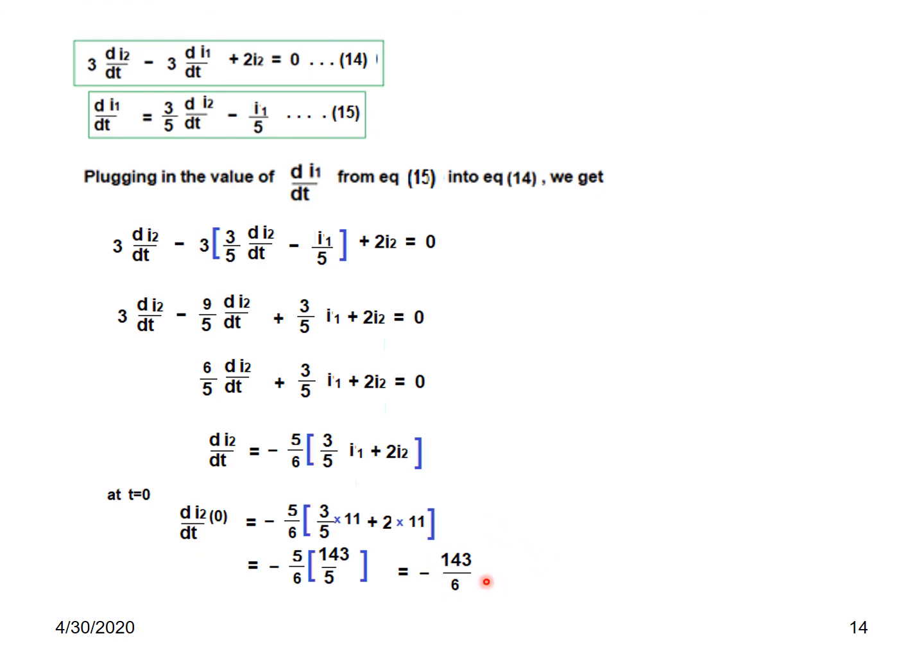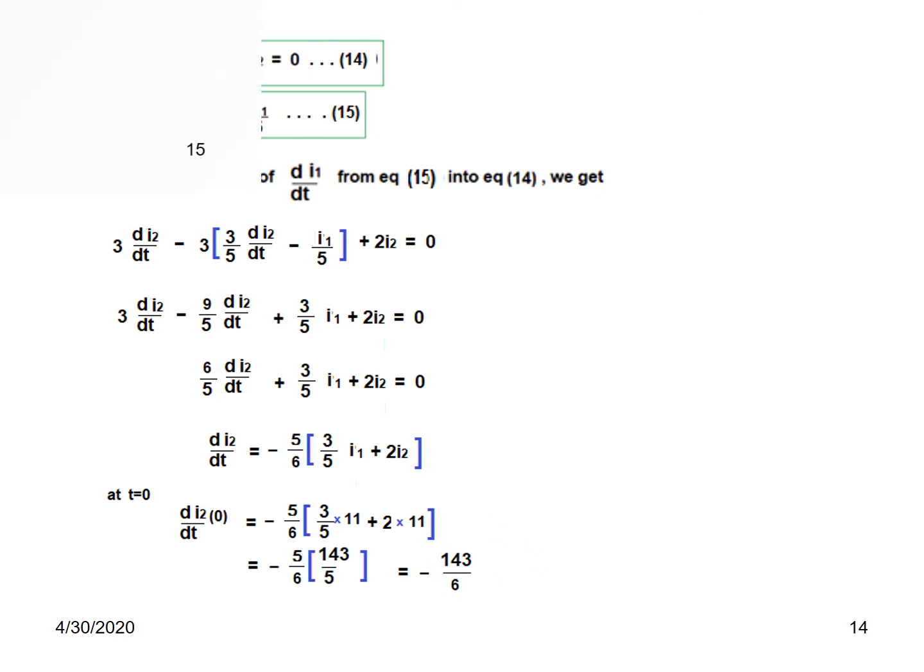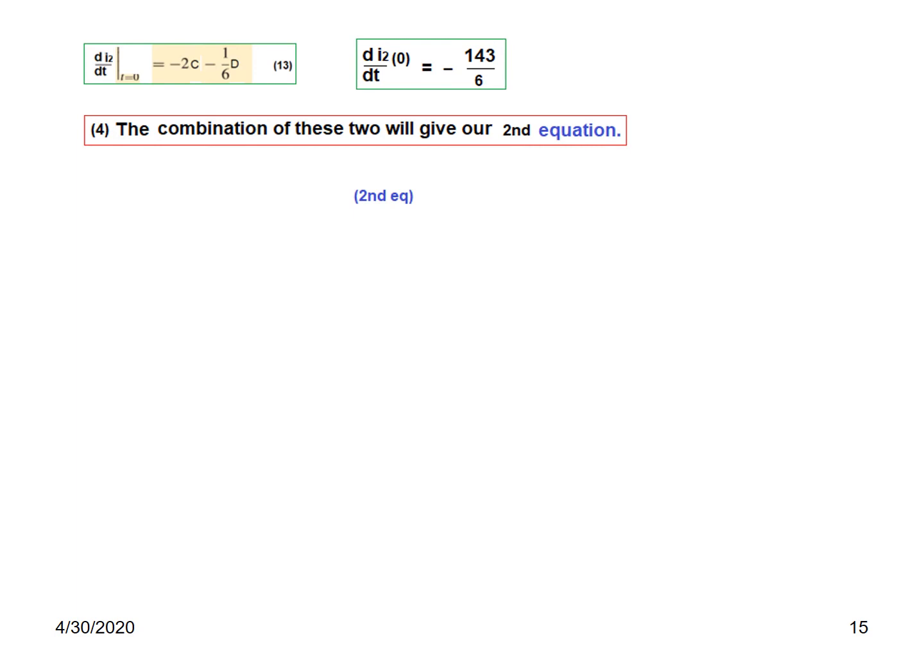This is from the circuit. Okay, so we had these two values, this one from the circuit and this one from equation number 1. Now the combination of the two will give us the second equation, so we just combine these two. And this is our second equation.